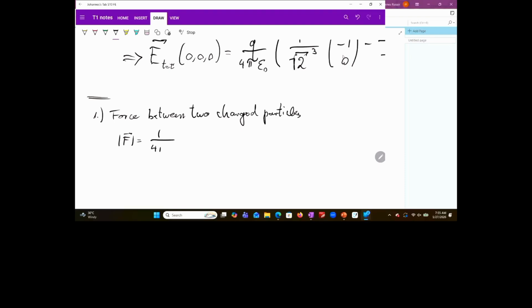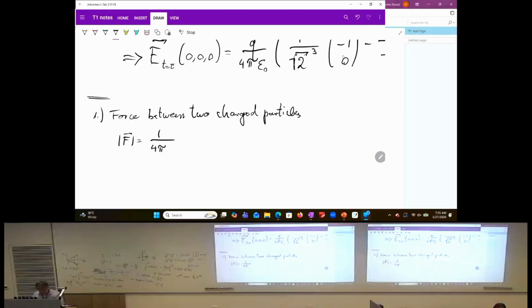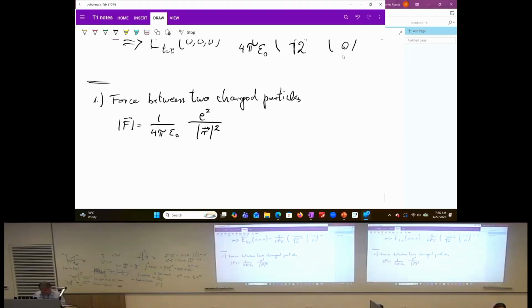It is 1 over 4 pi epsilon naught, and the charges are E and minus E. Since we are looking for the magnitude, we can drop that sign. It's E squared, and then we have the separation of these two charges squared, and we don't need to determine the direction.